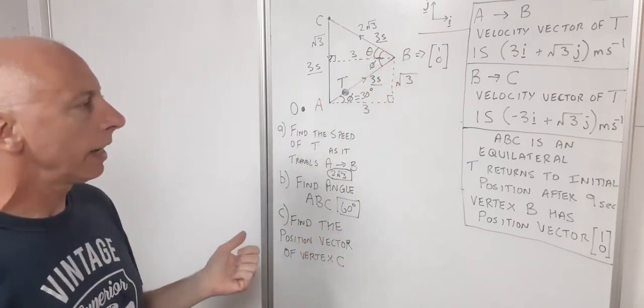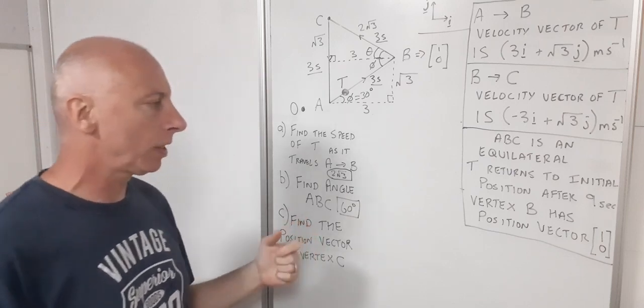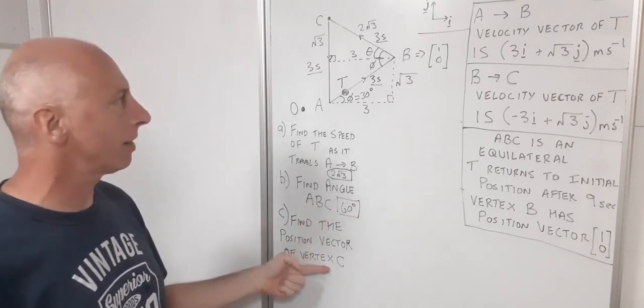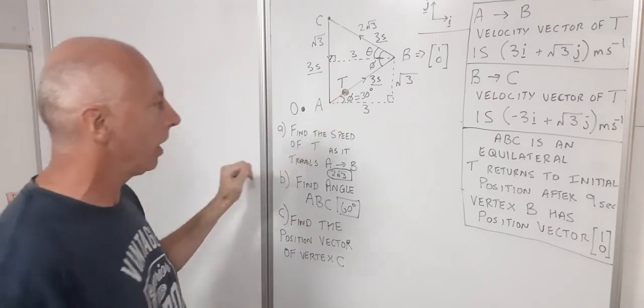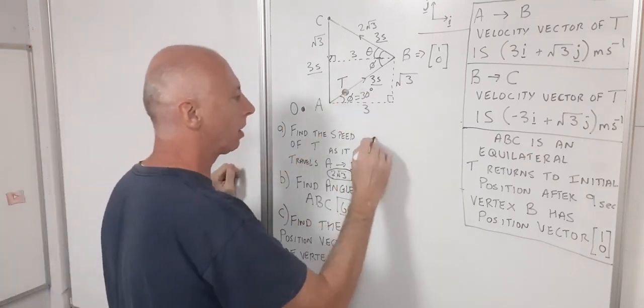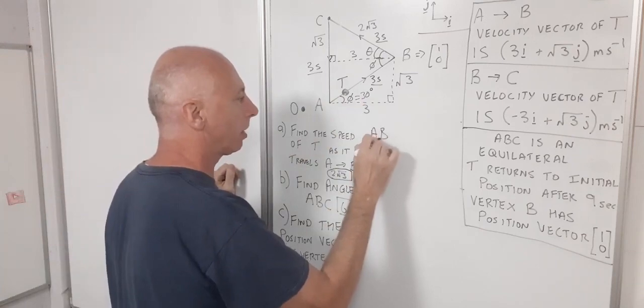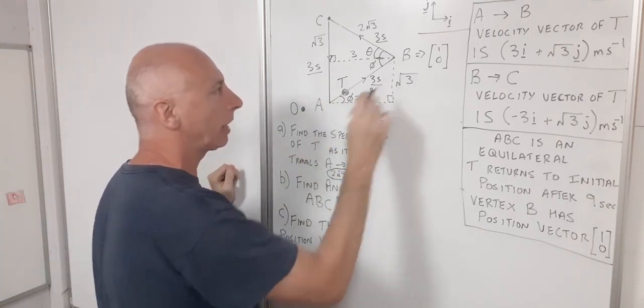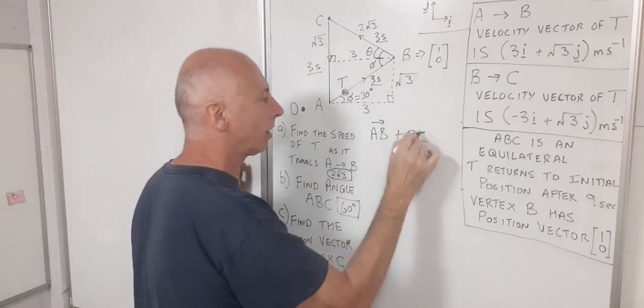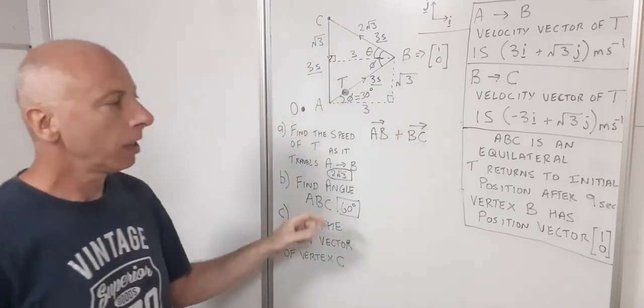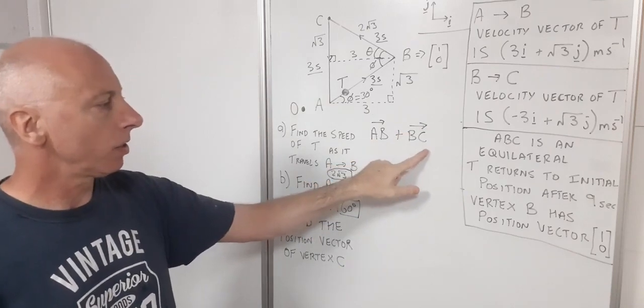So let's use that principle when trying to find out this position of vertex C. So this part T here, it's gone from A to B, and it then goes from B to C. So we can add these position vectors up to give us our A to C.